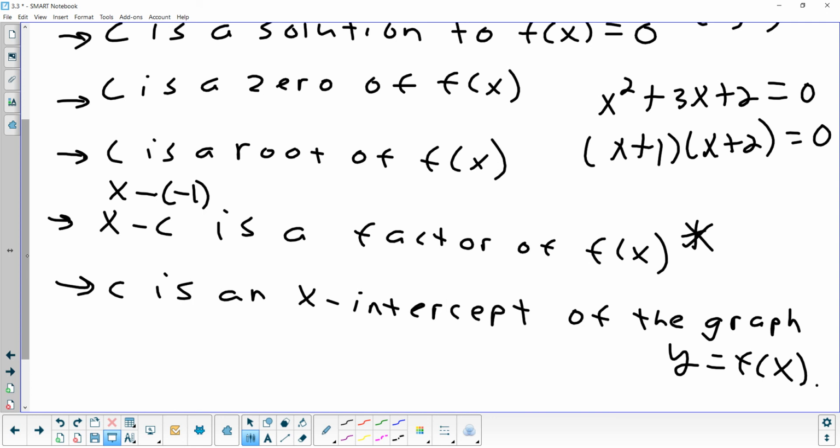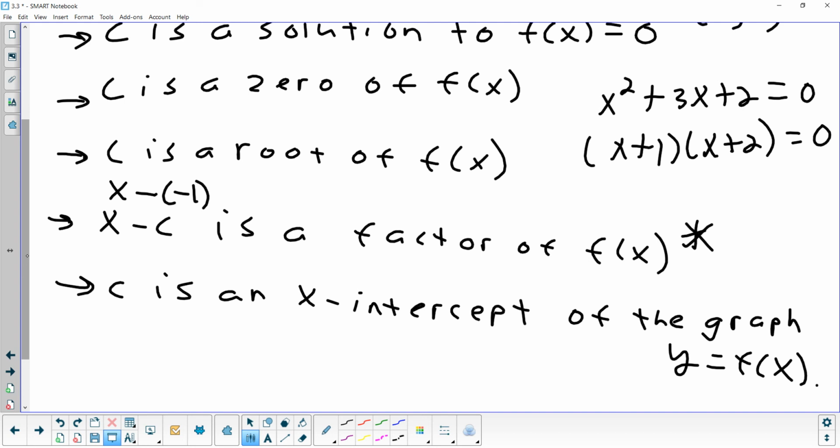If -2 is a root, what's another way of saying that that would be helpful? Remember, you're trying to figure out a formula that would come from this. And we know that if -2 is a root, something else is true.